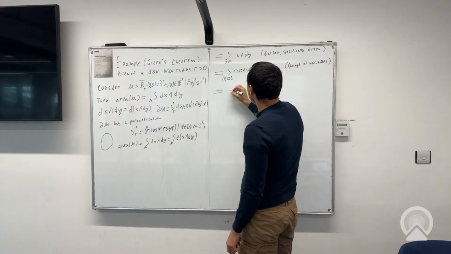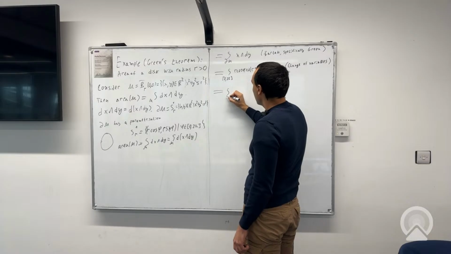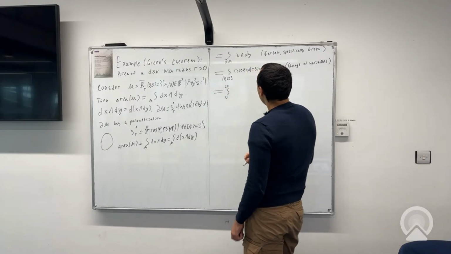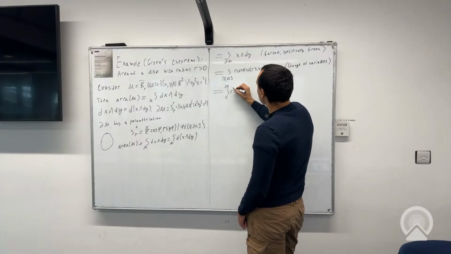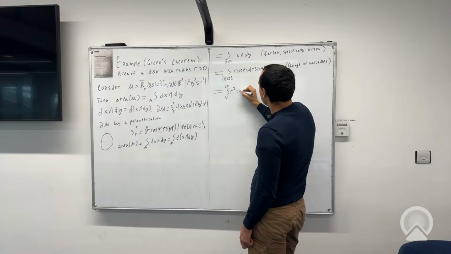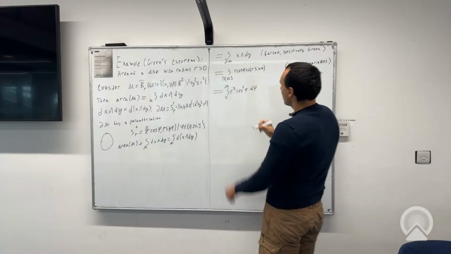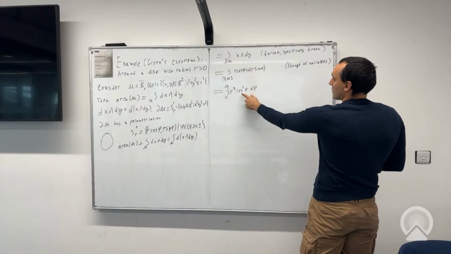Now we're calculating. This becomes a standard Riemann integral, 0 to 2 pi. And we have r squared cosine squared phi d phi. So r is constant, so it goes outside, and d of sine phi is cosine phi d phi.